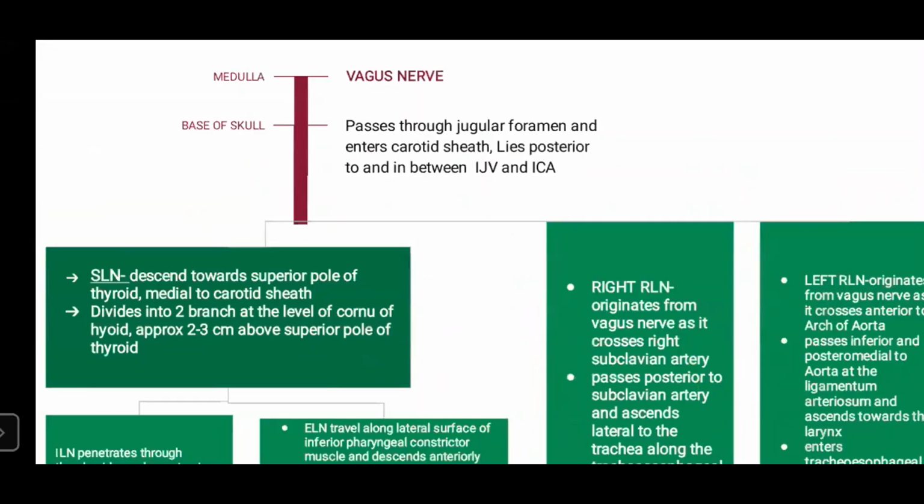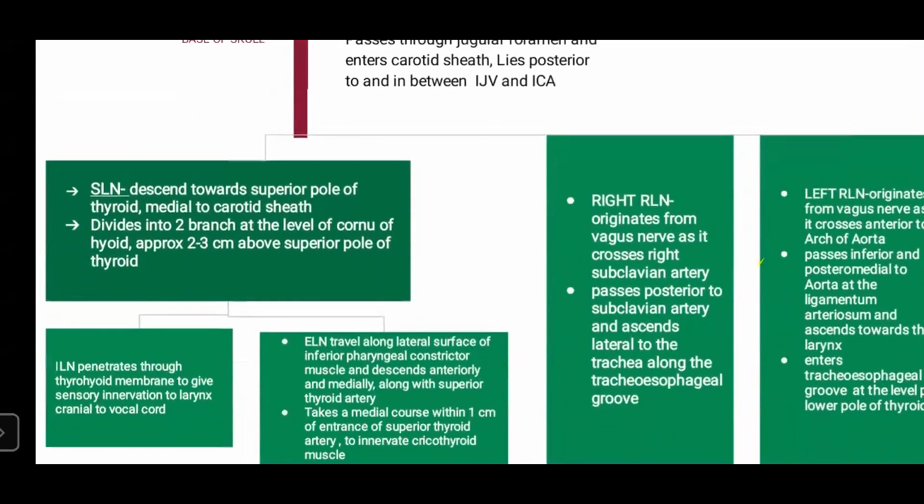Vagus nerve arises from the medulla, and at the base of skull, it passes through the jugular foramen and enters the carotid sheath, lying posterior to and in between the internal jugular vein and internal carotid artery. From there, the superior laryngeal nerve arises, and it descends towards the superior pole of thyroid, medial to the carotid sheath.